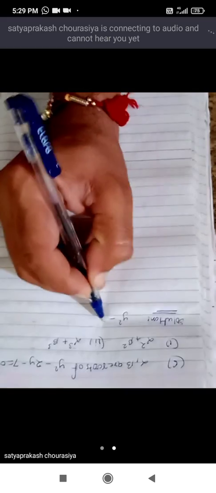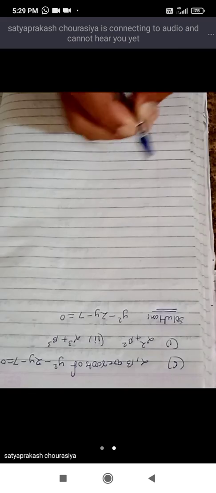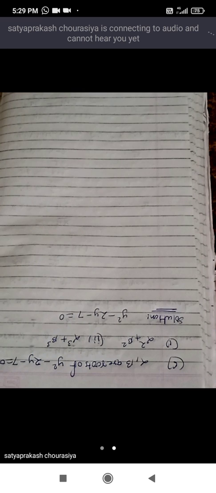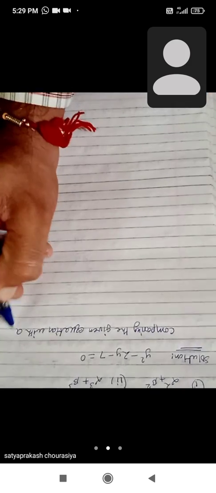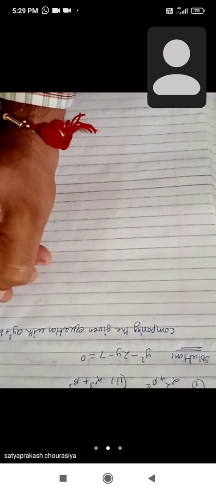y square minus 2y minus 7 is equal to 0. Now compare this equation with the standard equation. Comparing the given equation with ay square plus by plus c is equal to 0.